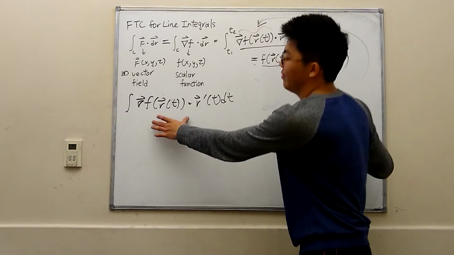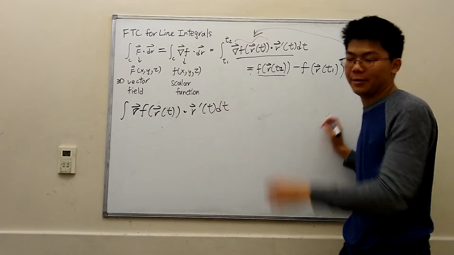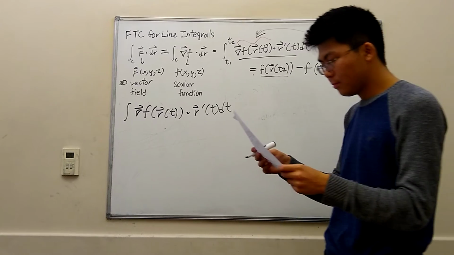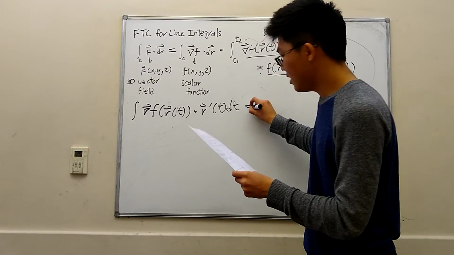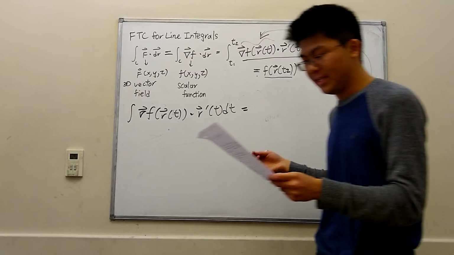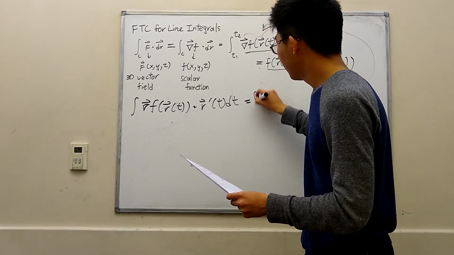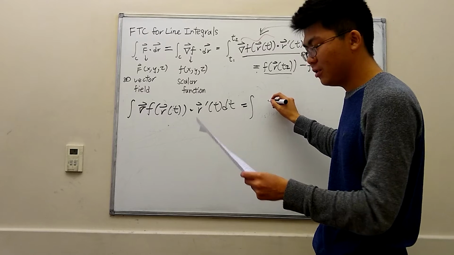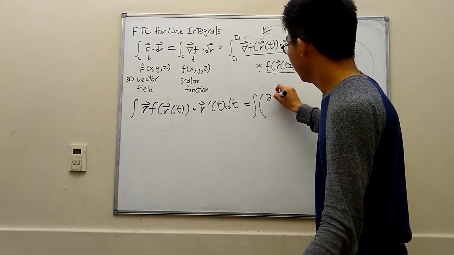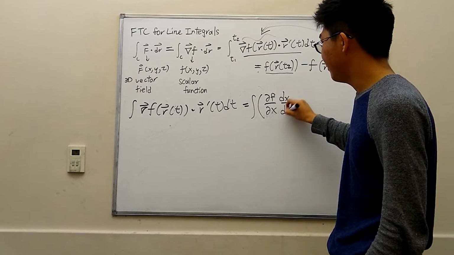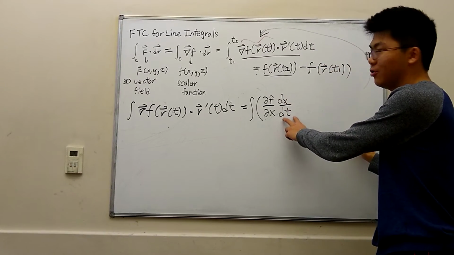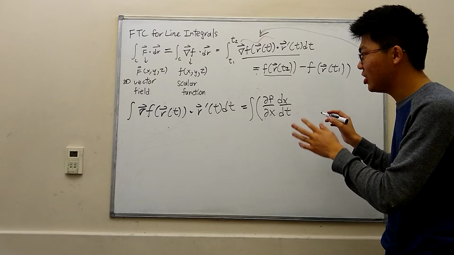So this is what we have here, just like our expression right here. Next, when you take the dot product of these two vectors, you can reduce the expression into the partial derivatives times the derivative with respect to t. This is just a chain rule.